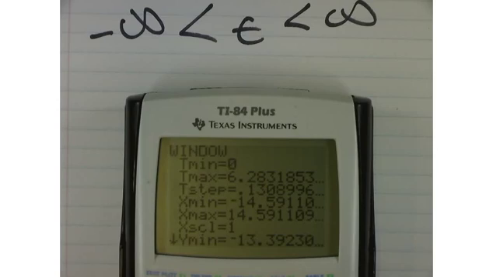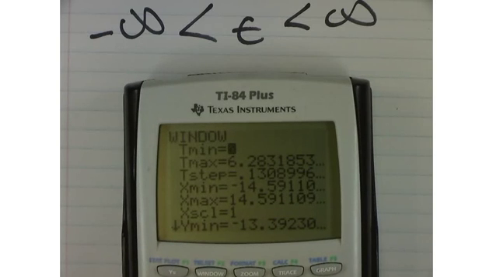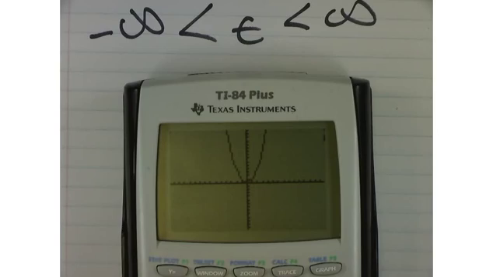Really annoying. So let's just do negative 3 pi to 2 pi and see what we get. Well, just for it to fit in the window. So now, what does it look like? The same for me. It's the parabola.